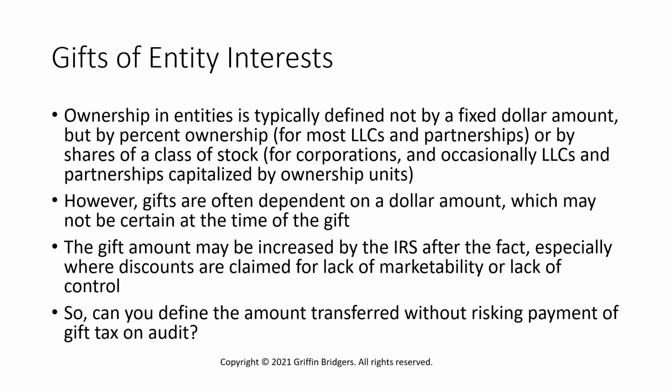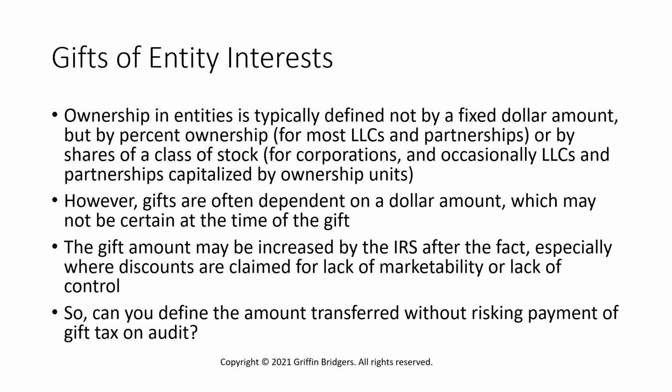And when we look at this, if we were to transfer a percent ownership interest or number of shares, there's usually discounts that might be involved. The bare value might be in dispute as well when the IRS starts to examine the gift tax return. That gift amount could be increased after the fact, which results potentially in a deficiency in gift tax or an unanticipated gift tax liability.